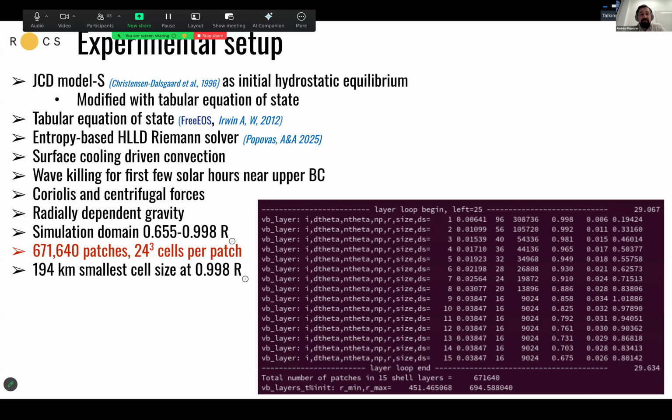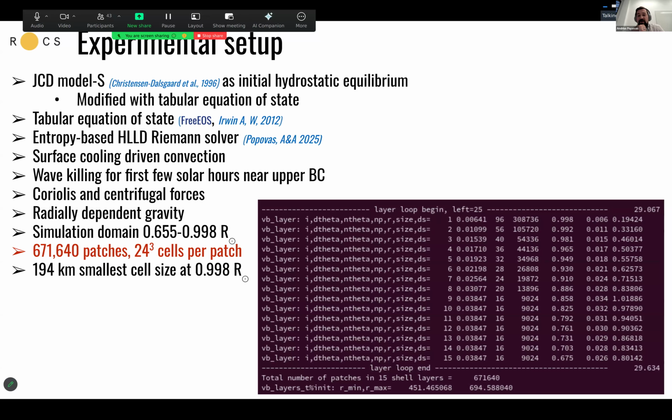We use the aforementioned entropy-based Riemann solver. The convection is driven by the surface cooling, and we only do some wave killing at the top for the first few solar hours. The model has Coriolis and centrifugal force, and of course, radius-dependent gravity.